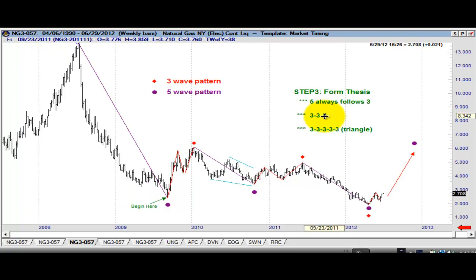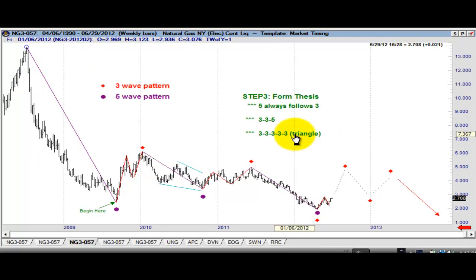The second criteria calls for a 3-3-5 correction, whereas we have our 3, and you'll notice we have 3, as I explained earlier. Even though this is a 5-3-5 structure, it's still considered corrective in nature, but I've now made the designation that this is a completed three-wave pattern. And 5 always follows 3, so therefore we should be looking for a 5-wave advance that would exceed the previous high.